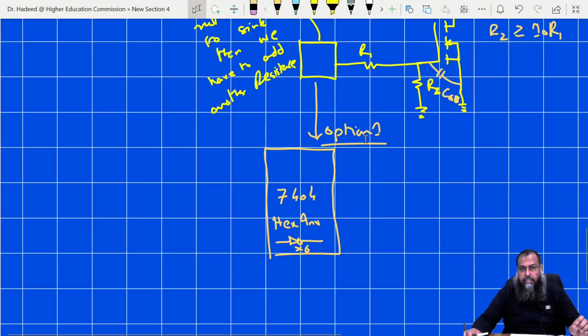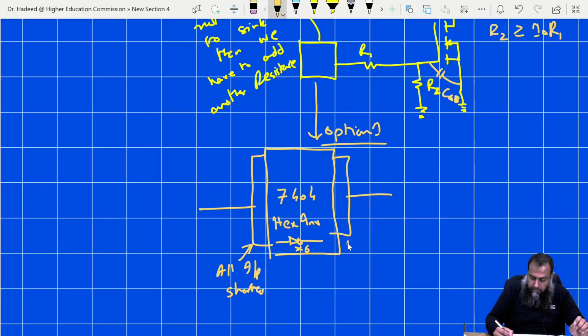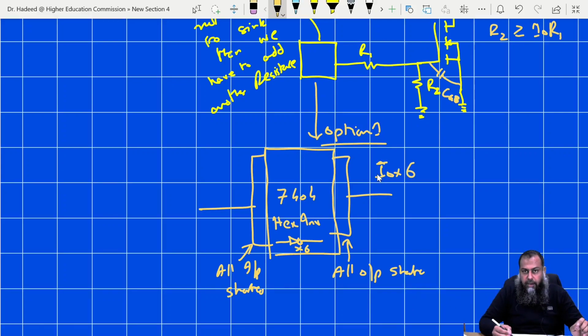Each of the NOT gates has its own output current capability, and therefore if we short all the inputs, and we short all the outputs, then we can enhance the current capability 6 times that of a single NOT gate.